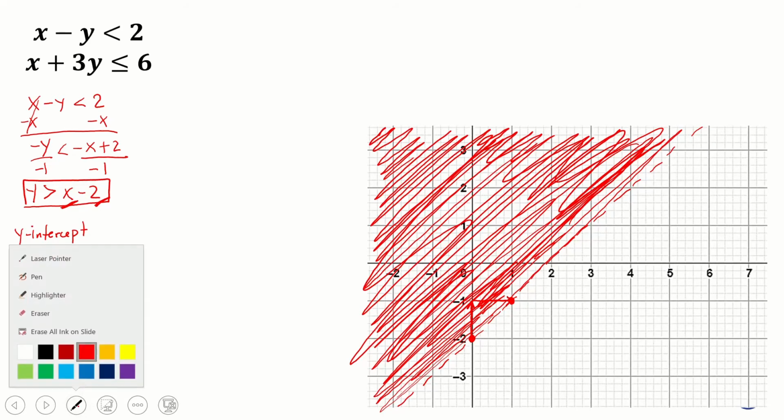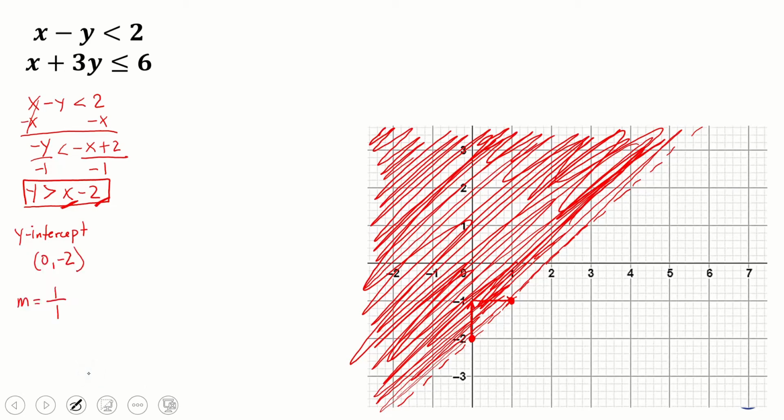So that is the graph of the first inequality. Let's try to graph the second one. This time I'm going to use blue ink. x plus 3y is less than or equal to 6. So subtract x on both sides. This gives us 3y is less than or equal to negative x plus 6.